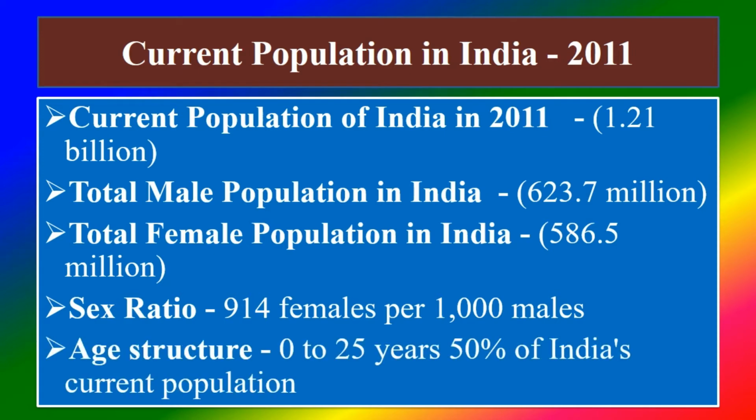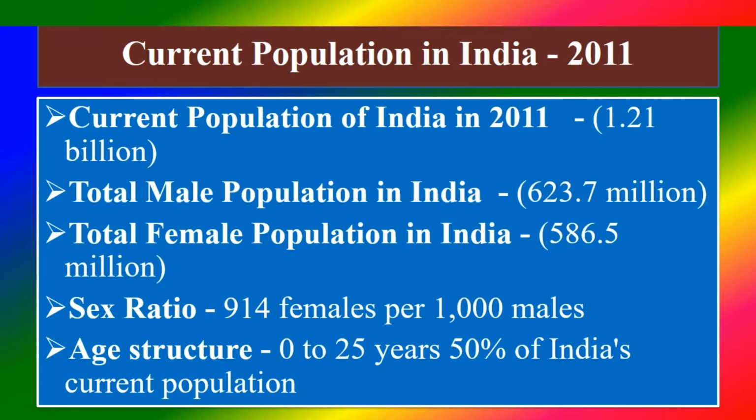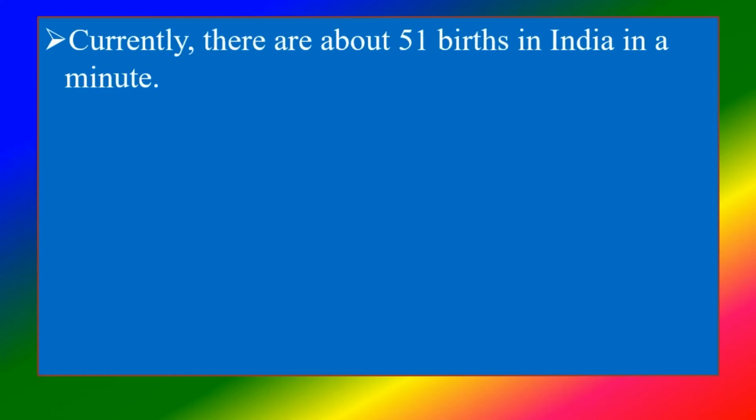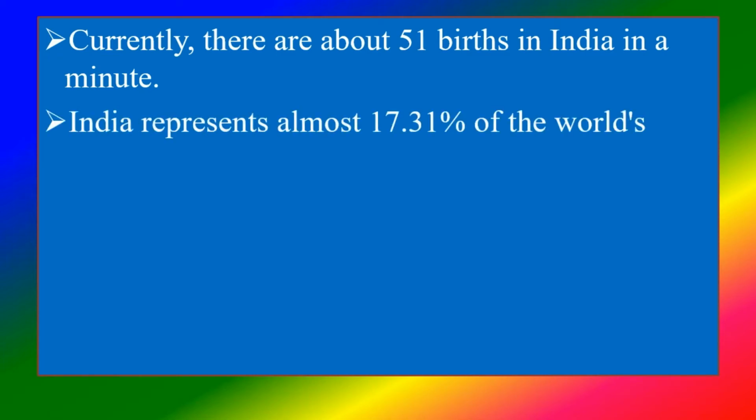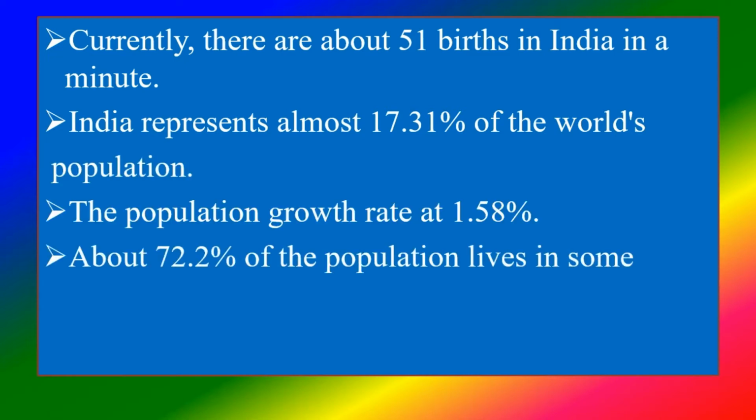Age structure: 0 to 25 years is 50% of India's current population. There are about 51 births in India in a minute. India represents almost 17.31% of the world population.